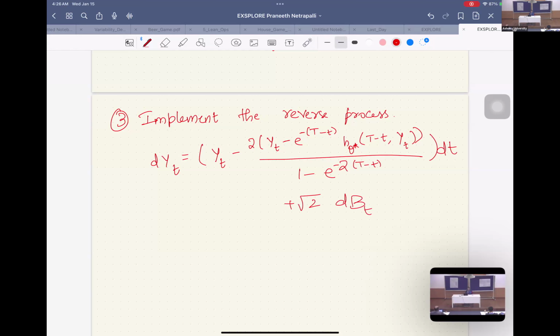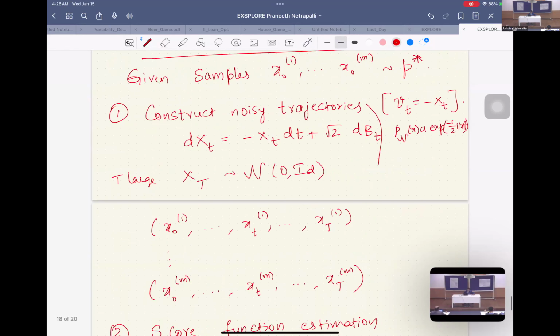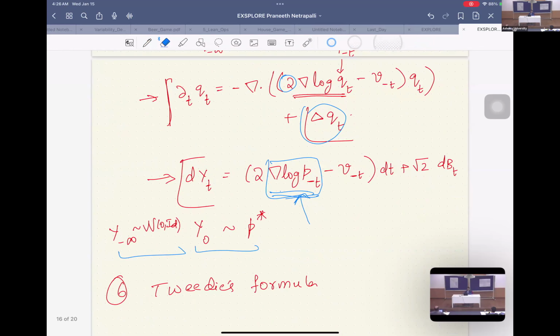Okay. So all we are doing here is that in the equation we had for the reverse sampling, we had 2 grad log p of T minus t, minus v of T minus t.